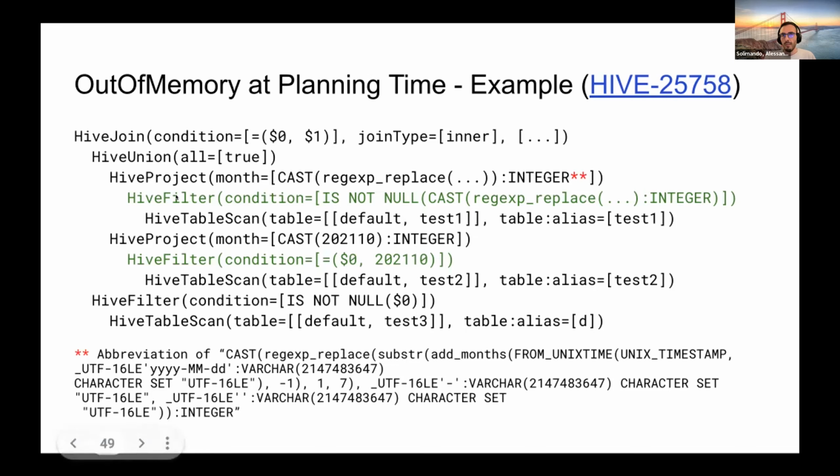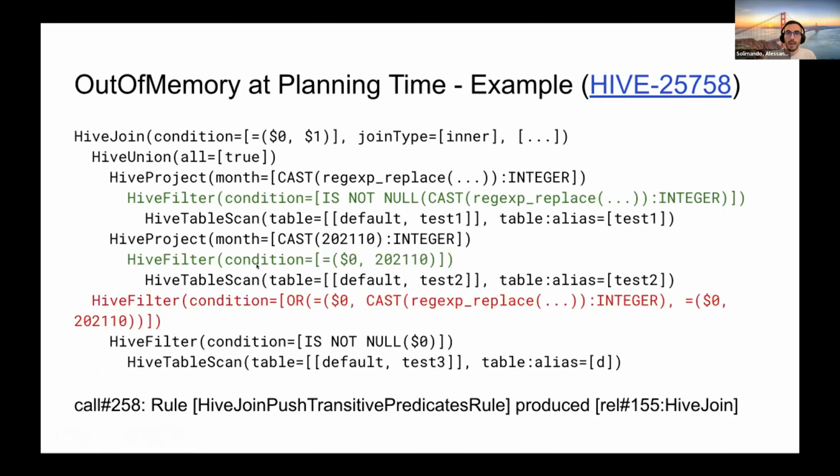As we have mentioned, there are two filters in the two operands of the union. At this point, what the rule is doing is to leverage the metadata provider, and specifically the RelMdPredicates metadata provider, to try to infer predicates from the left-hand side.